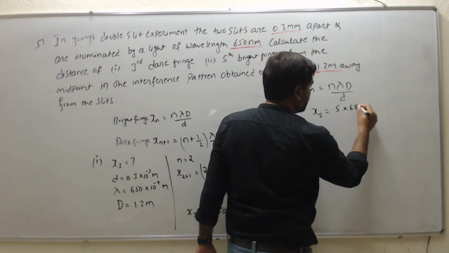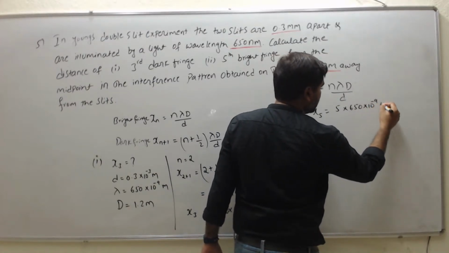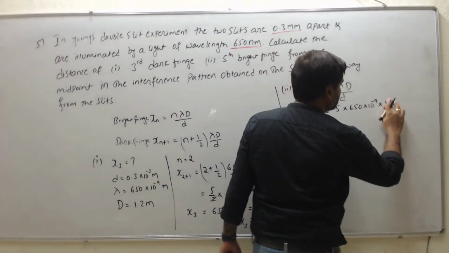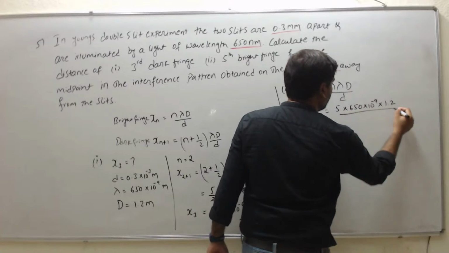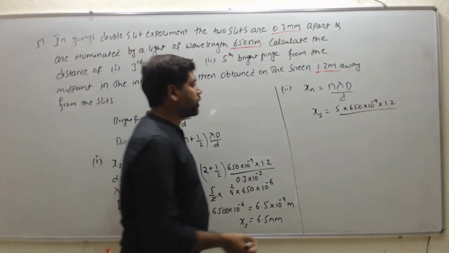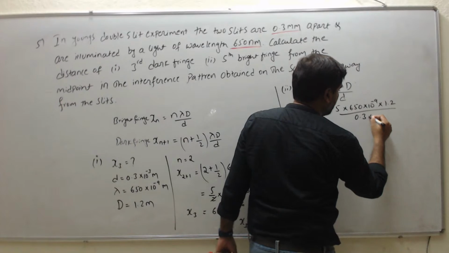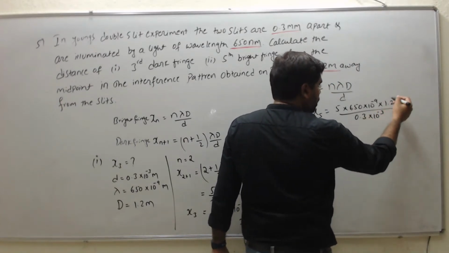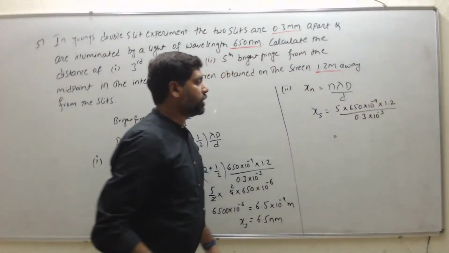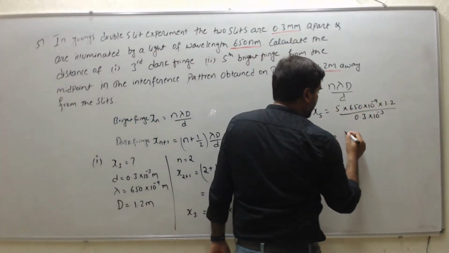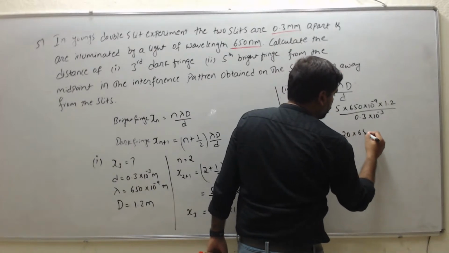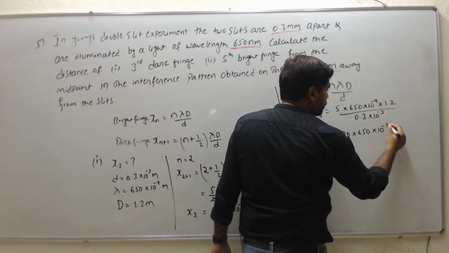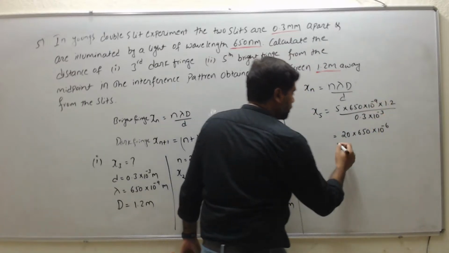5 into 650 into 10 to the power of minus 9 into capital D is 1.2, divided by small d is 0.3 into 10 to the power of minus 3. So here 3 4s are 12. If we shift, 12 divided by 3 becomes 4. So 4 into 5, that is 20. 20 into 650 into 10 to the power of minus 9 plus 3, so it becomes minus 6.